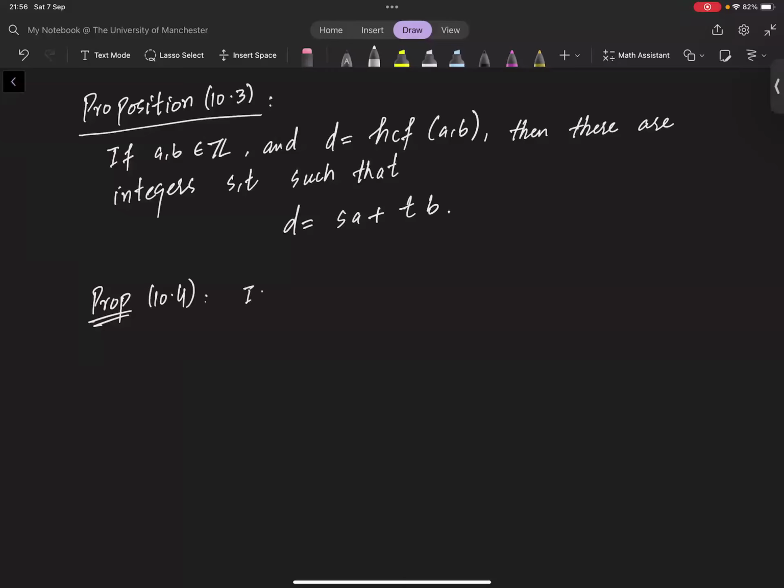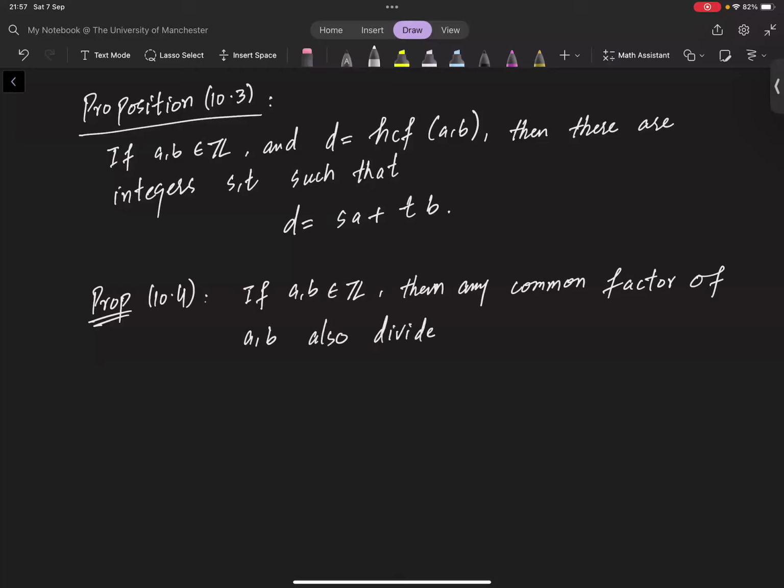It says that if we have two integers, then any common factor of A comma B also divides their combined common factor.